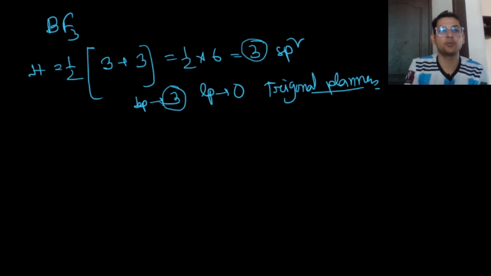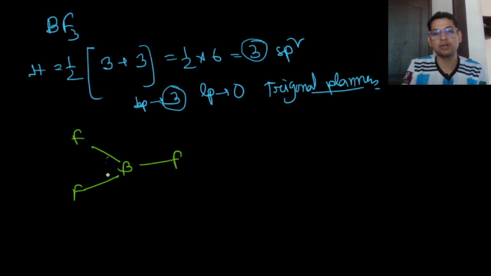So sir, how can you put the arrangement? So I can put it like this, like this, and all these bonds are 120 degree. Now I hope you know about vector, right?